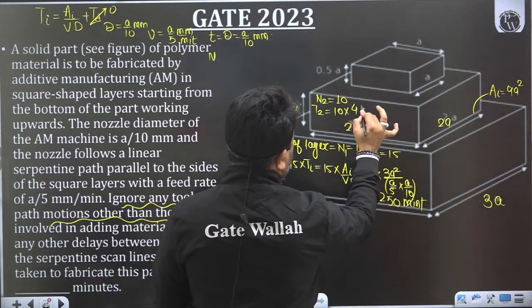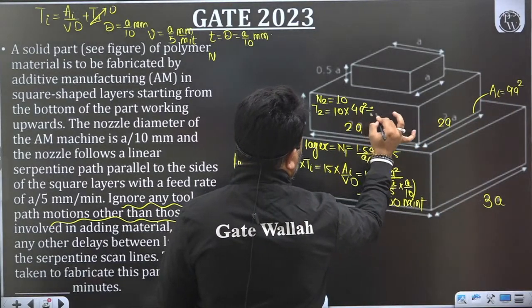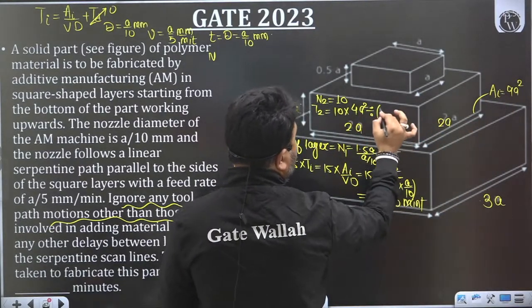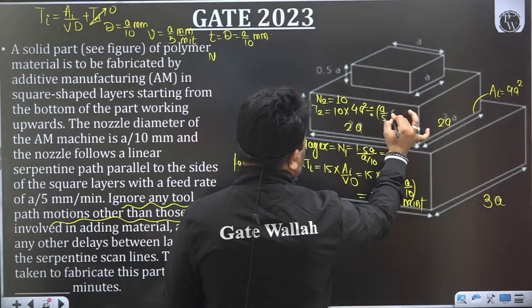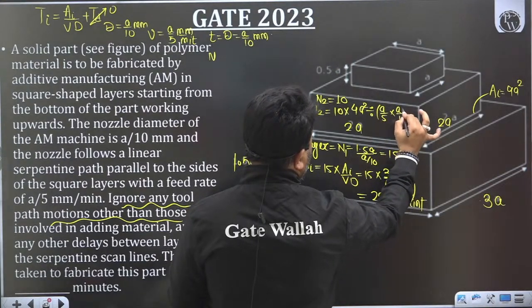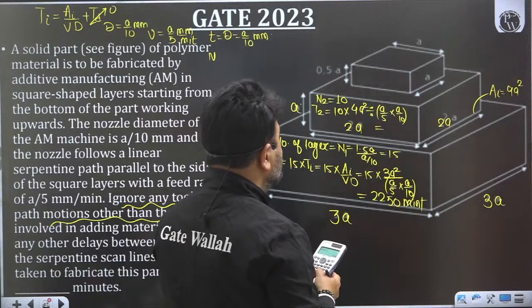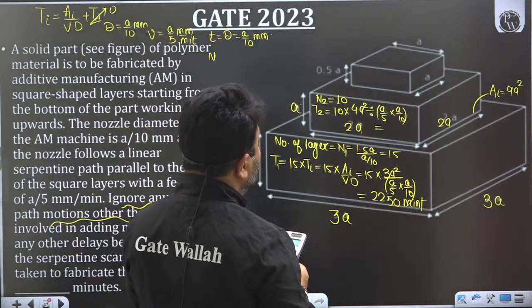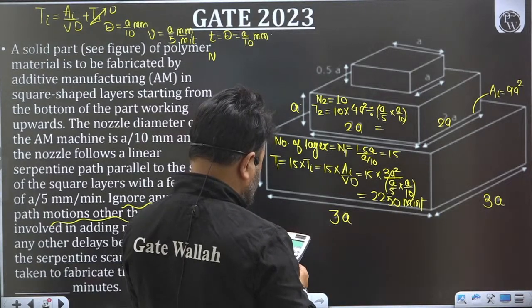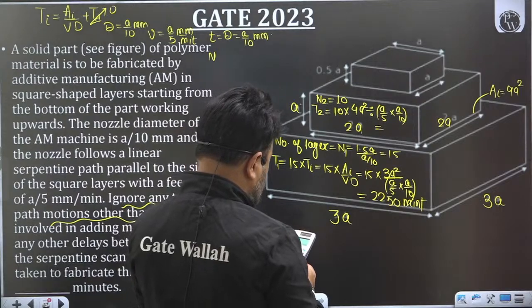So 4A square divided by A by 5 into A by 10, that is 50 into 4, multiplied by 10, that is 2000.